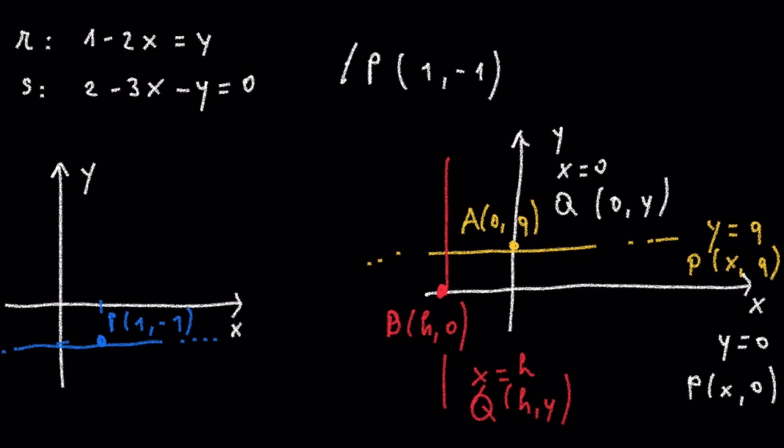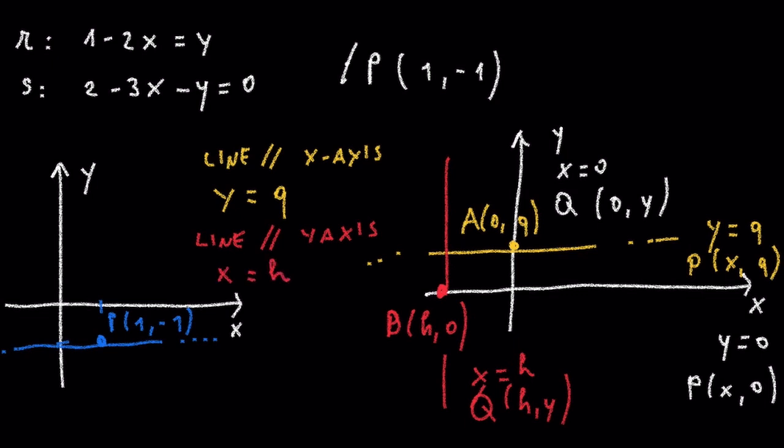So, in summary, a line parallel to the x-axis has equation y equals q, while a line parallel to the y-axis has equation x equals h.